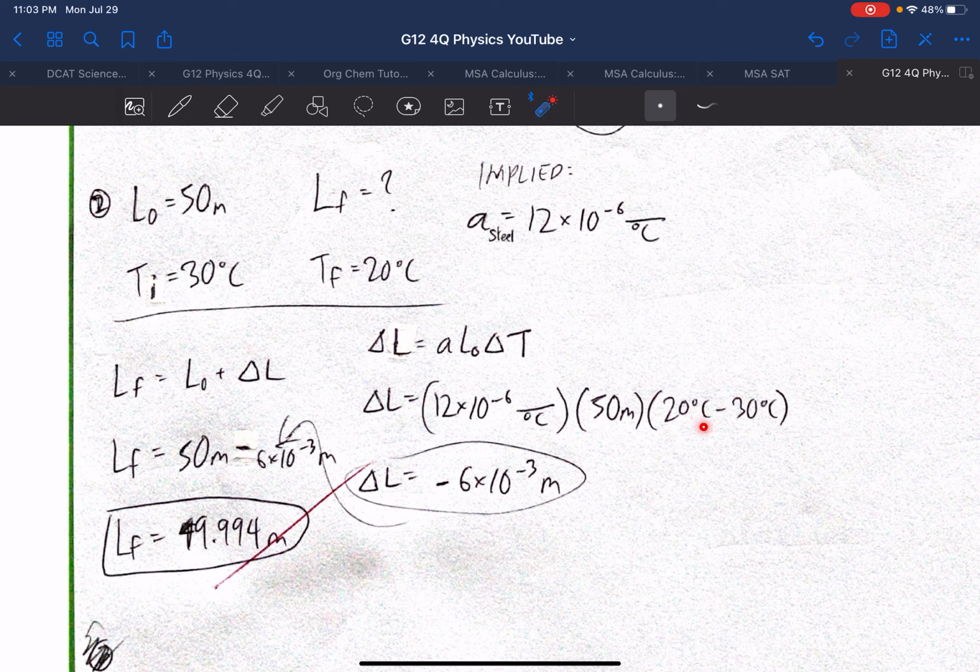I'm not sure why this is not high minus low, but it was still correct anyways. Don't get me wrong, it is still correct to say that change in temperature is T high minus T low.